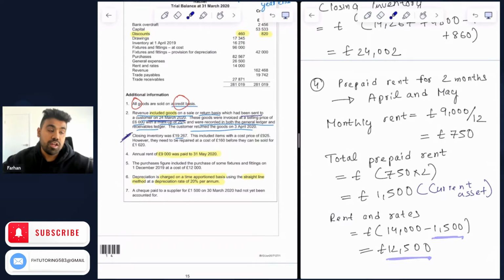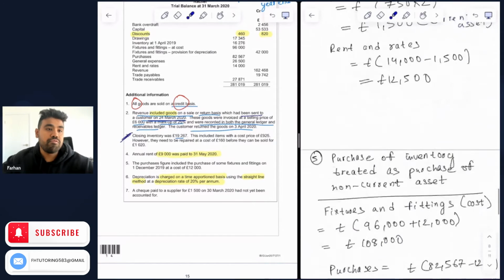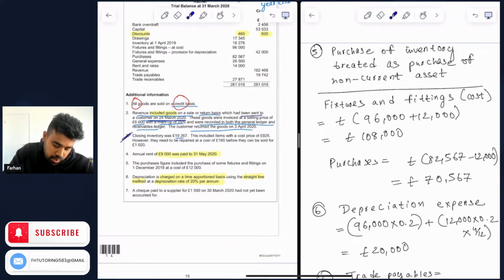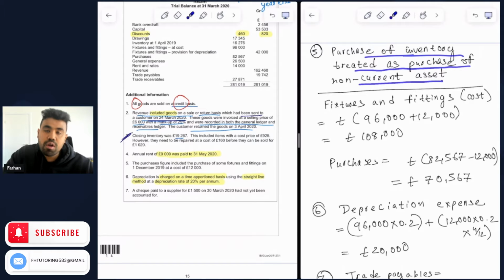Okay, let's move on to point number 5. The purchases figure included the purchase of some fixtures and fittings on 1 December 2019 at a cost of £12,000. Okay, so what has happened here is that the purchase of a non-current asset was incorrectly treated as a purchase of inventory.